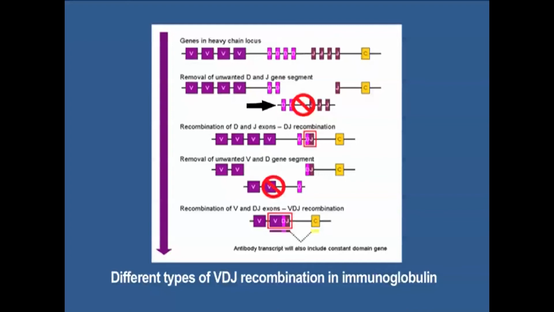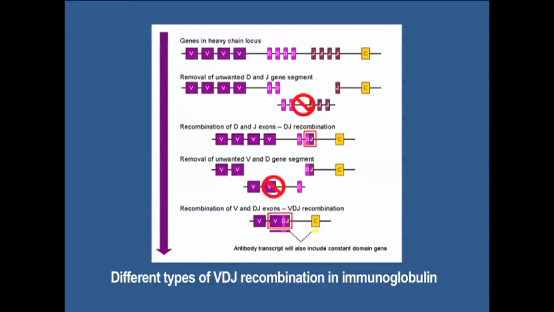You can see here the intermediate segments are lost, unwanted D and J segments gone, or sometimes there may be intermingling between the D and J exon, maybe a transposition. Third one, there may be unwanted V or D segments gone, or there may be recombination between V and DJ exon.